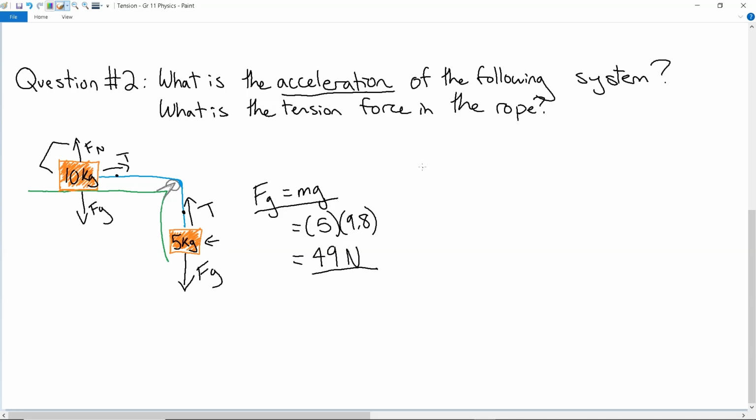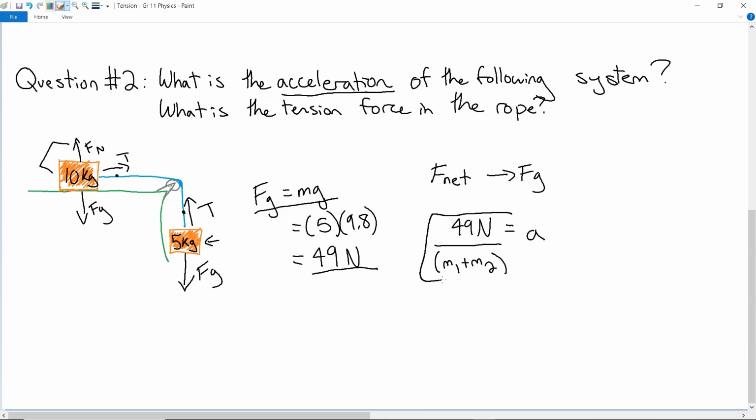Let's stick to acceleration. So, F net in this scenario is purely Fg, and that's 49 newtons. But let's think about acceleration. Acceleration is going to depend on the mass of the system. So if I have 49 newtons of a net force, that means that this needs to be divided by both of my masses to solve for acceleration.